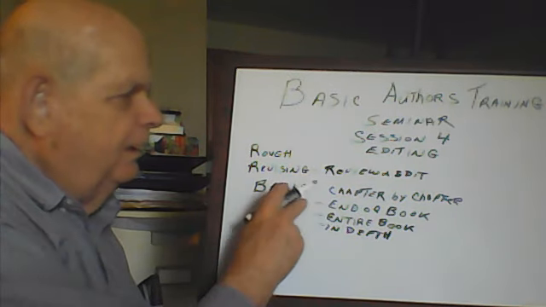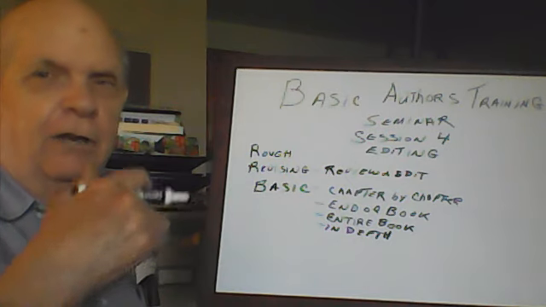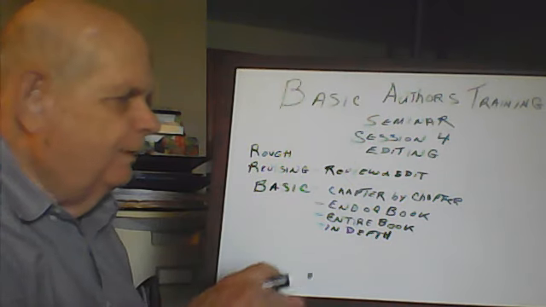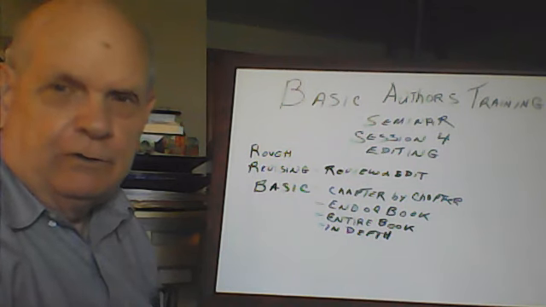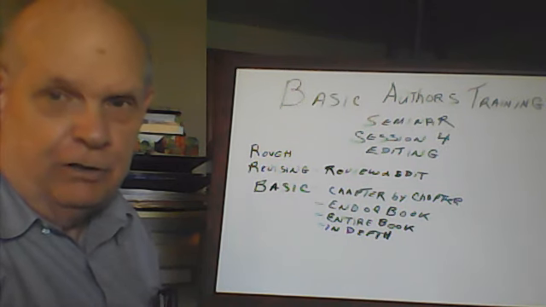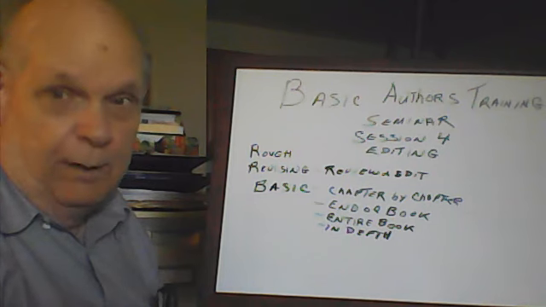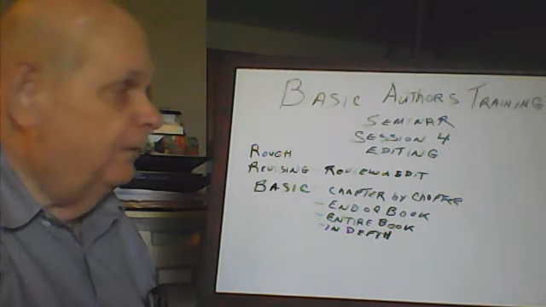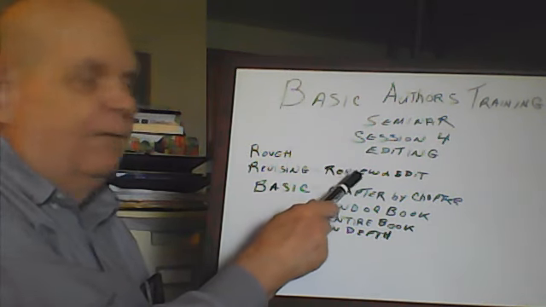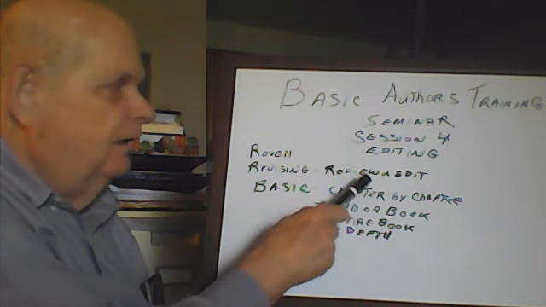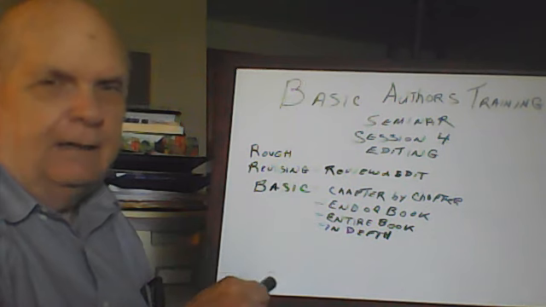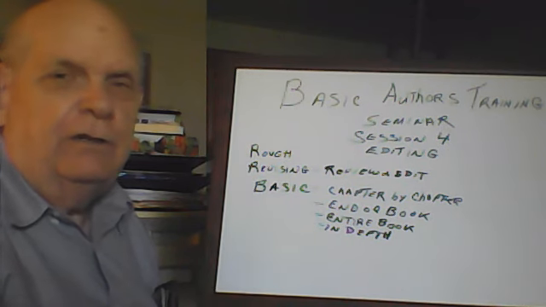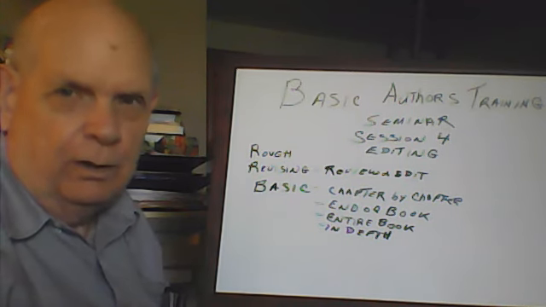But when you get down to here, to the basic editing, and you're doing an entire book especially, you want it to be in depth. And that requires a bit of energy on your level. You may want to have a grammar book by you. In fact, I would even advise having some aids available when you're doing the revising up here. But when you get into basic editing, you're into the serious business of editing your work.